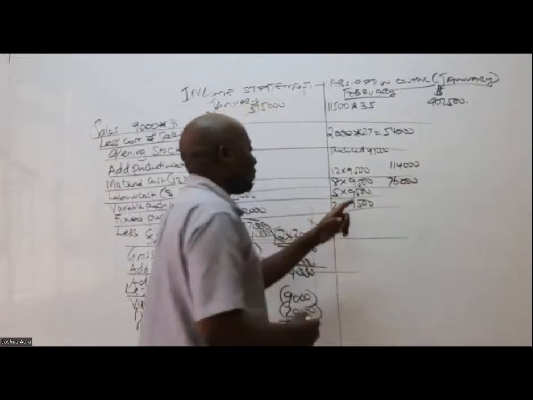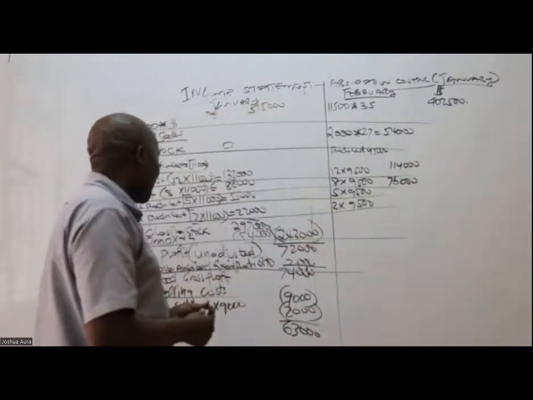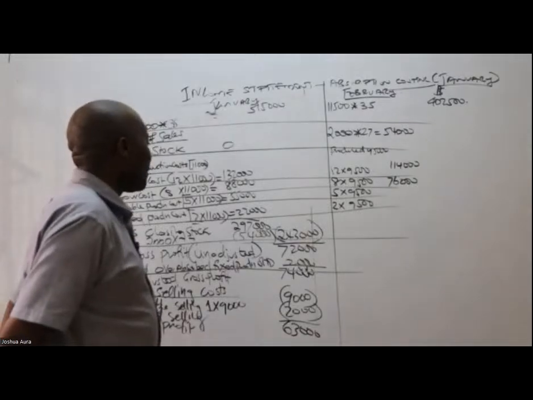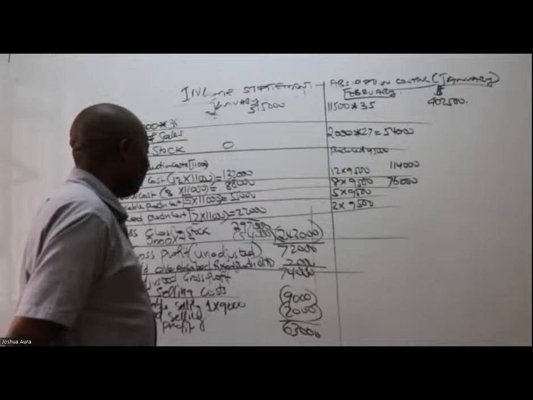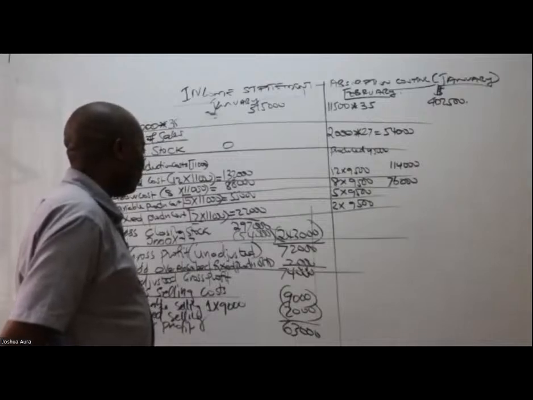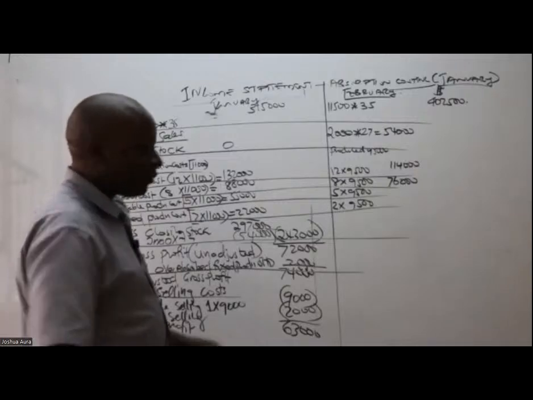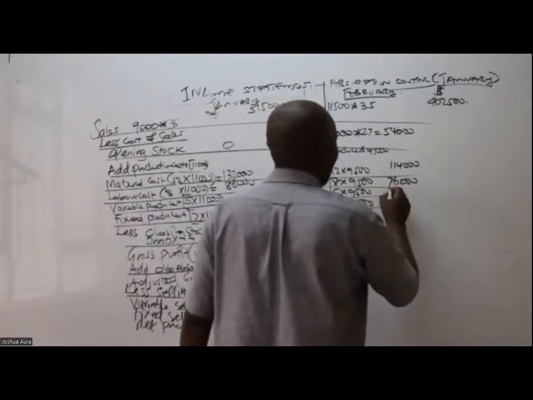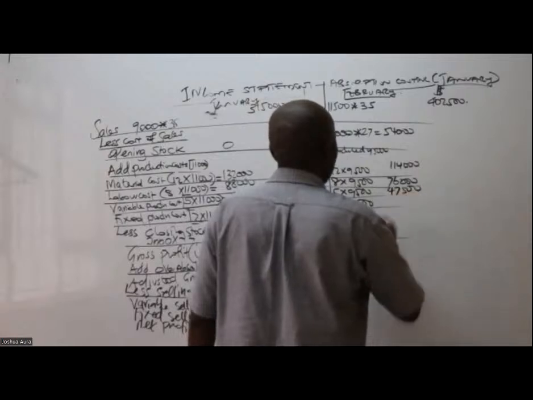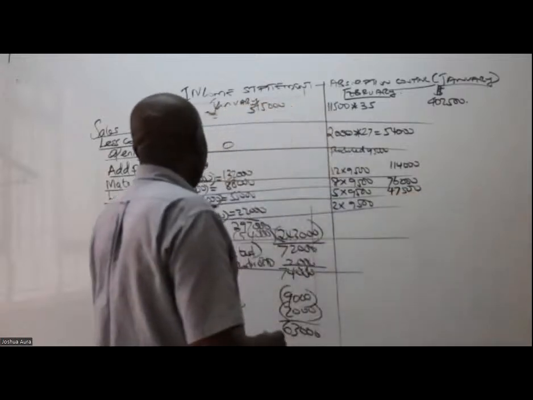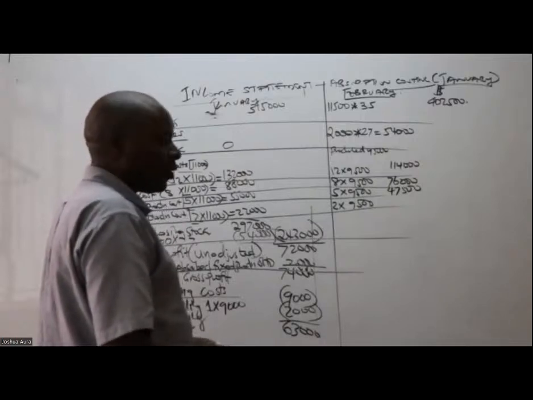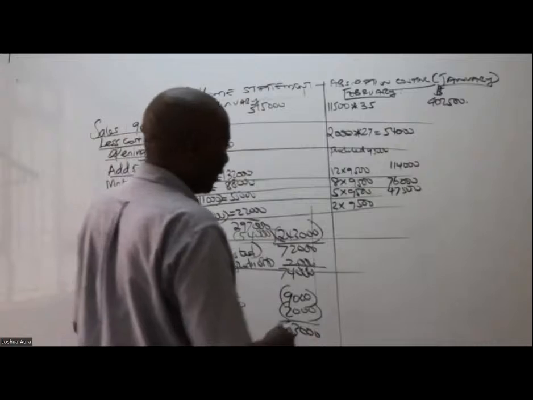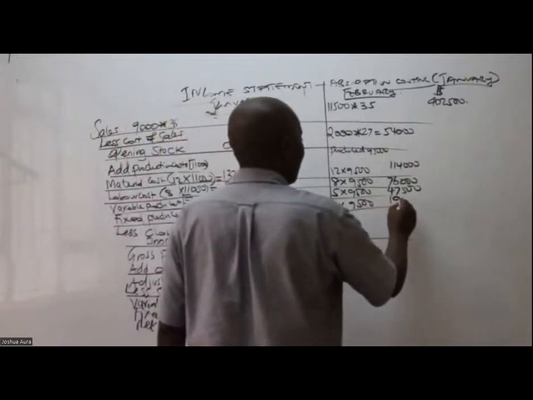Then we have 5 times 9,500, which is 47,500. And then we have 2 times 9,500, which gives me 19,000. Thank you so much.